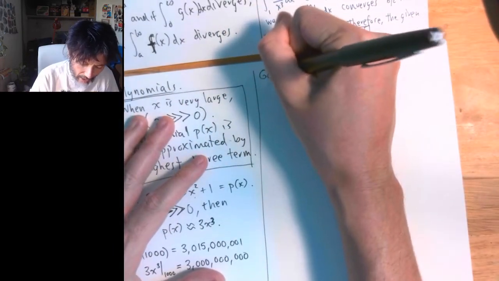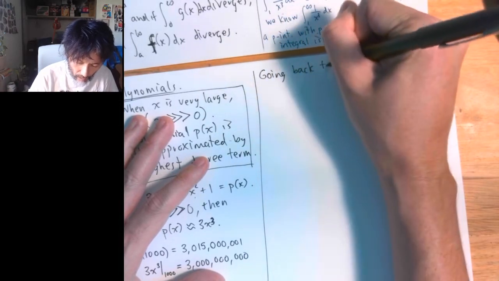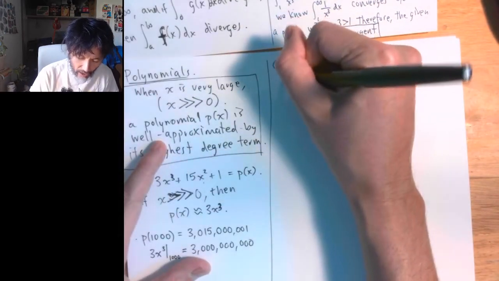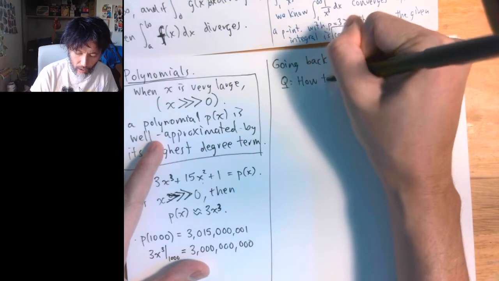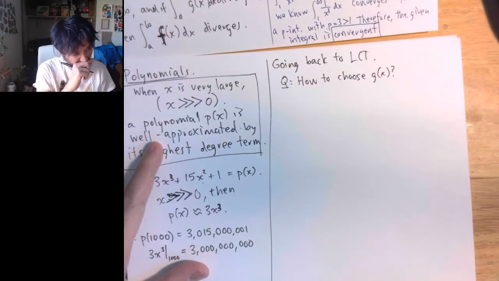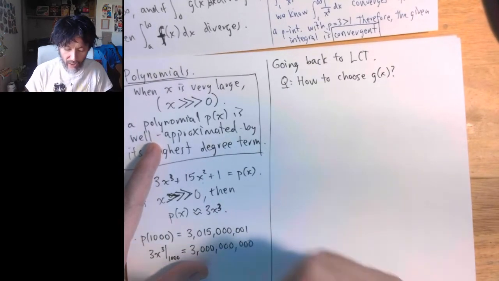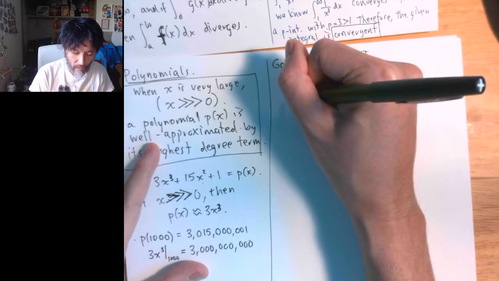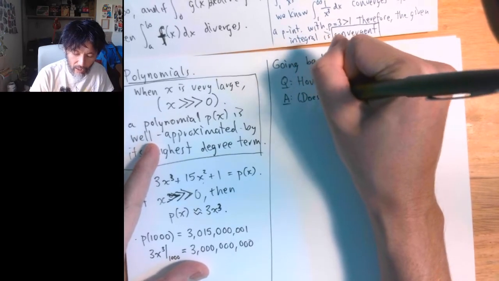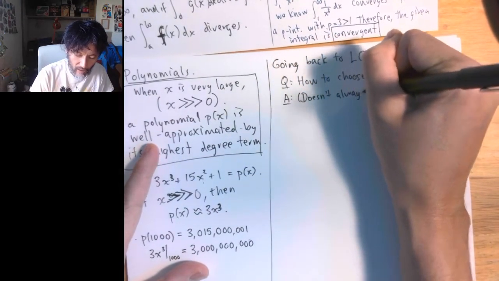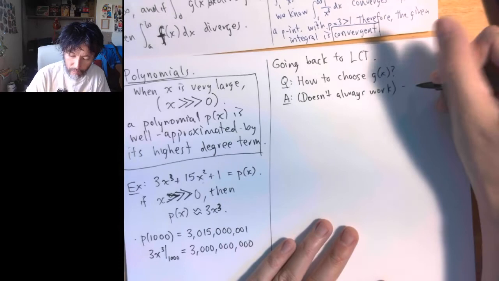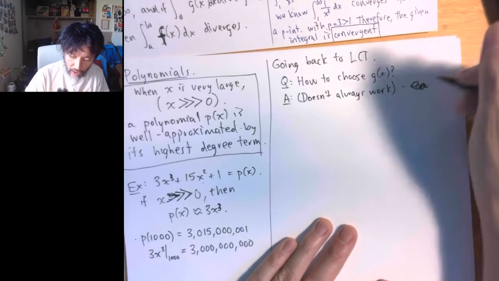So going back to LCT. Now, the question is how to choose g of x for a given f of x. You're given f of x, how do you choose g of x? Here's one answer, which doesn't always work. I'll just say that because I don't want to get sued by you. It doesn't always work 100% of the time, but it works very, very often.